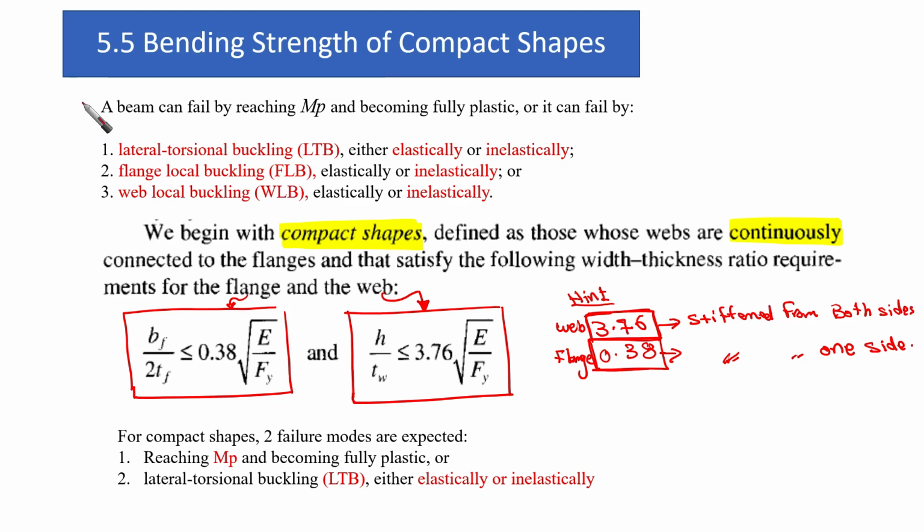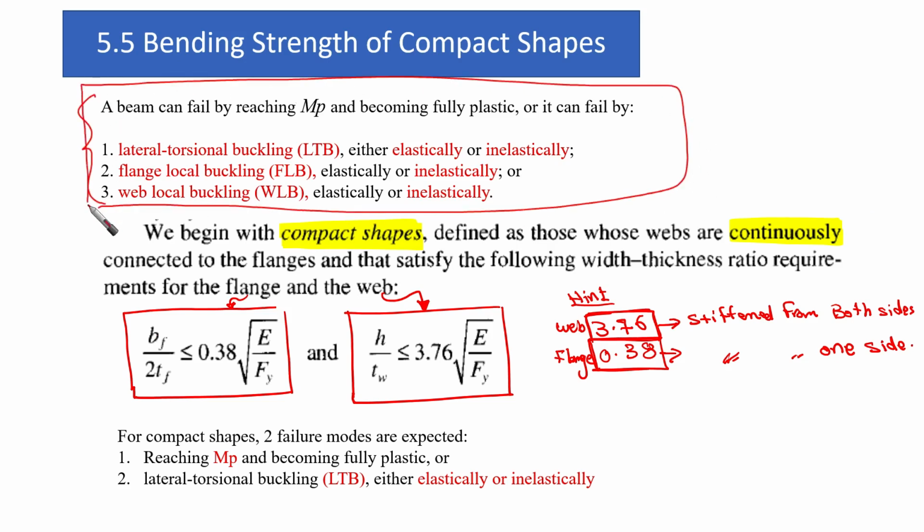In order not to be confused, I was talking here about all the possible failure modes for beams: reaching Mp, or lateral torsional buckling, elastic or inelastic, or flange local buckling, elastic or inelastic, or web local buckling, elastic or inelastic.